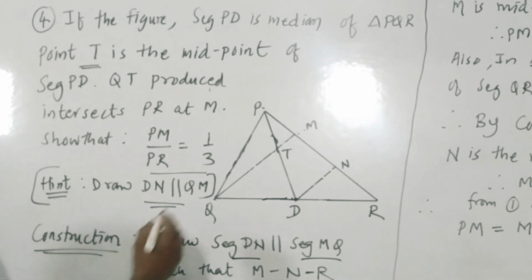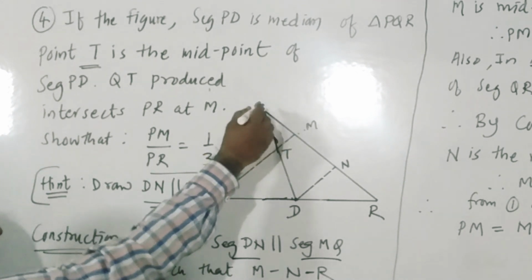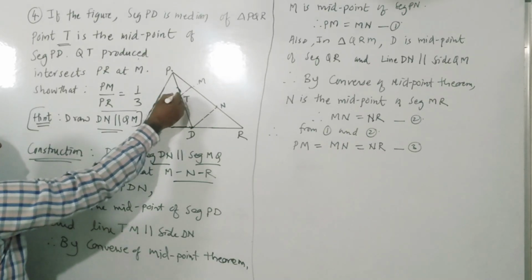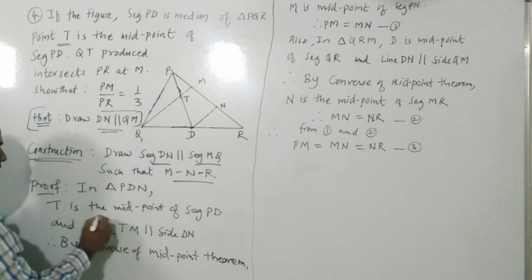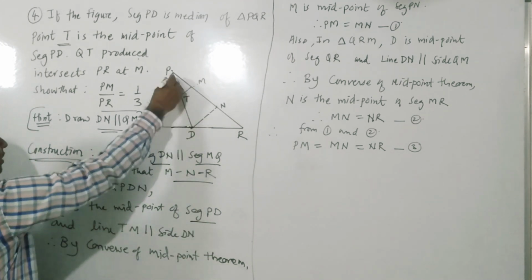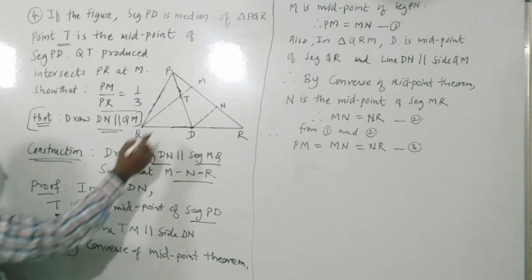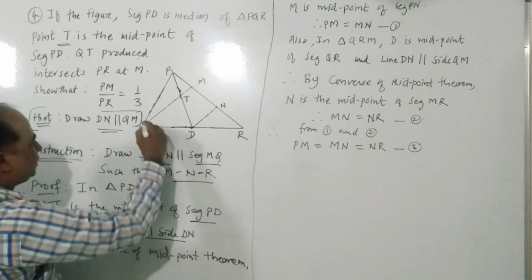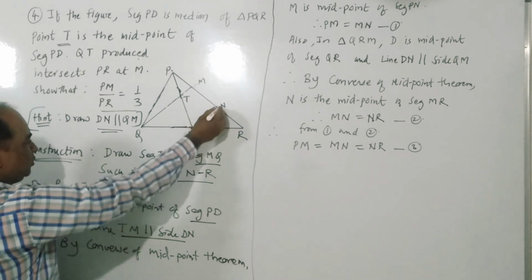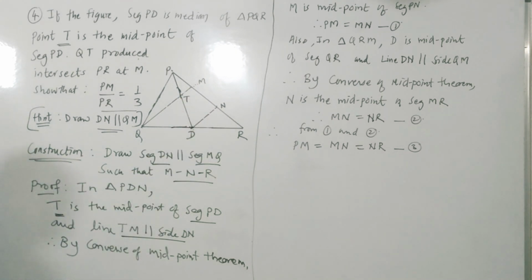Now in triangle PDN, by construction, it is given that T is the midpoint of segment PD, one side of the triangle, and line TM, that is QM, is parallel to DN by construction.